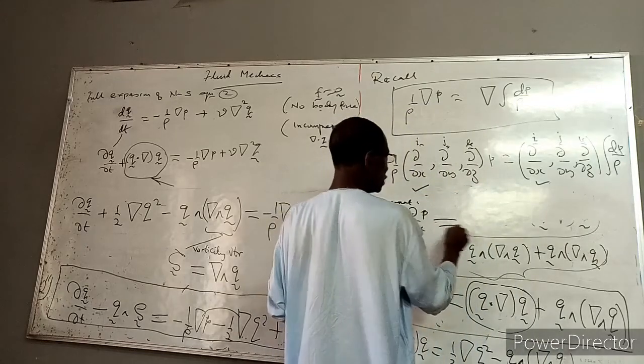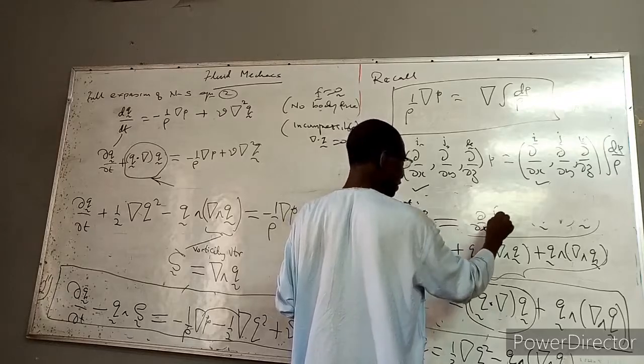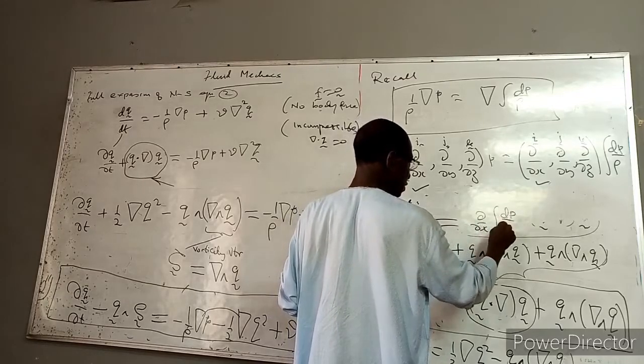So this now will be equal to d/dx of the integral of dP over rho.